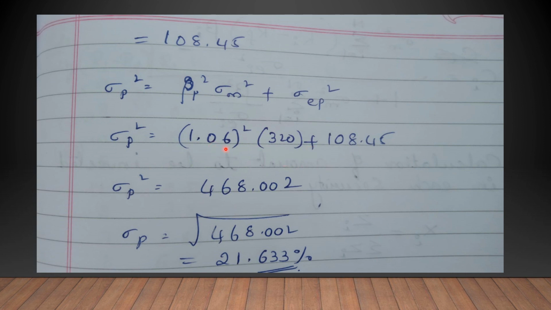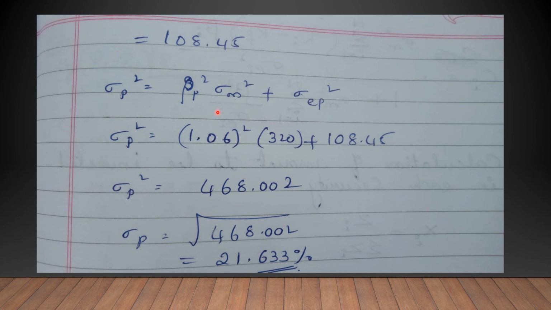For systematic risk, we have already found the beta of the portfolio, which has to be squared, then multiplied by the market variance, which is given in the question. So sigma p square is equal to 1.06 the whole square into market variance, that is 320, plus unsystematic risk.